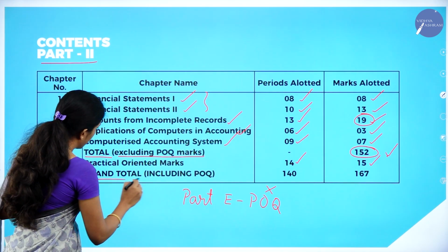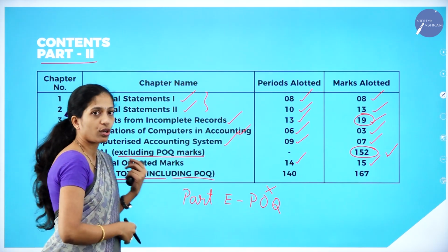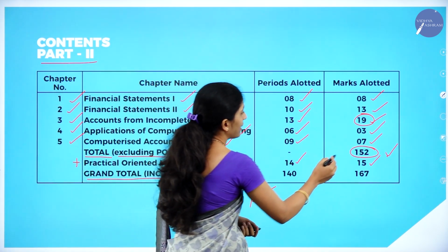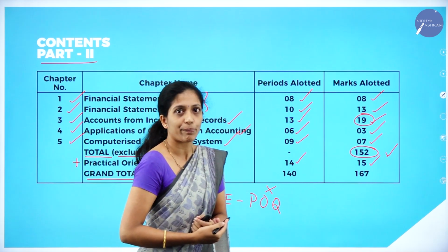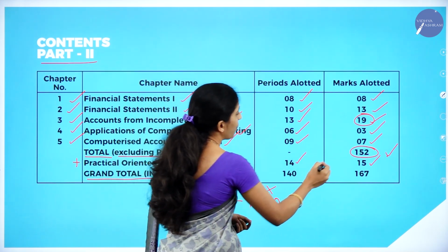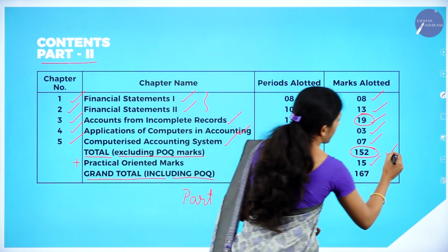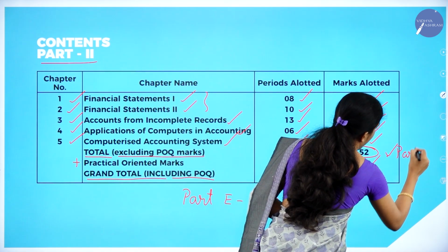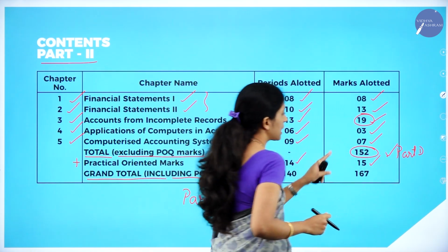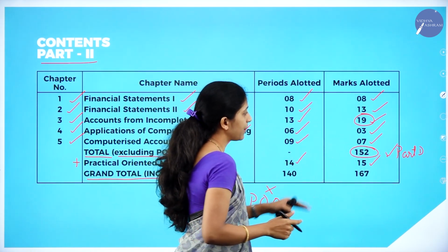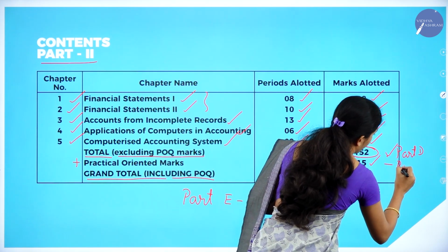And the grand total, that is including POQ. This is only the concepts of part 1 and part 2, and you will have practical oriented questions under part E. Till part D you can expect 152 marks, and in part E you can expect 15 marks.